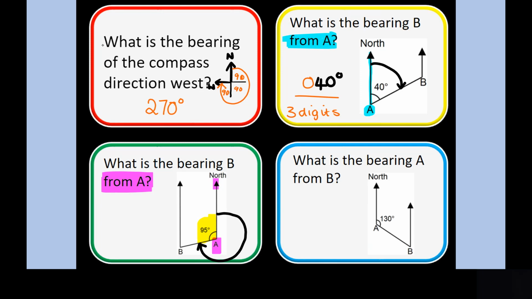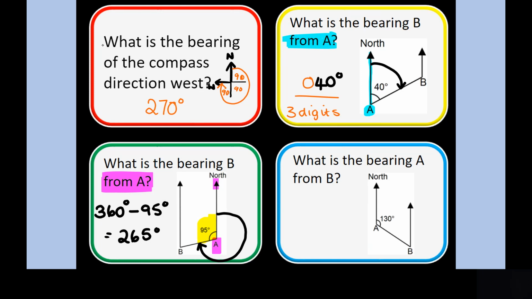So we're going to take the whole circle and we're going to take off 95 degrees. And that gives us an answer of 265 degrees. And that answer is complete. Again, feel free to pause the video or replay that if you need to run through it.